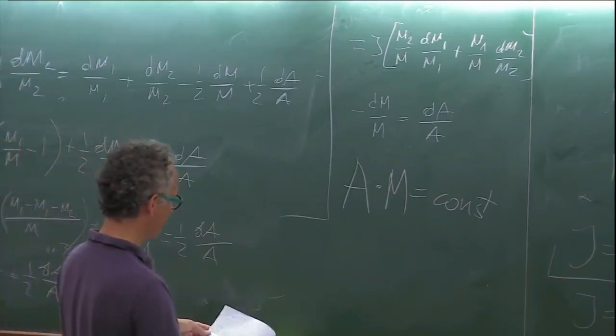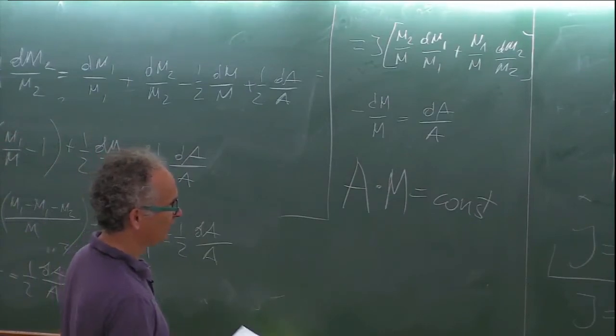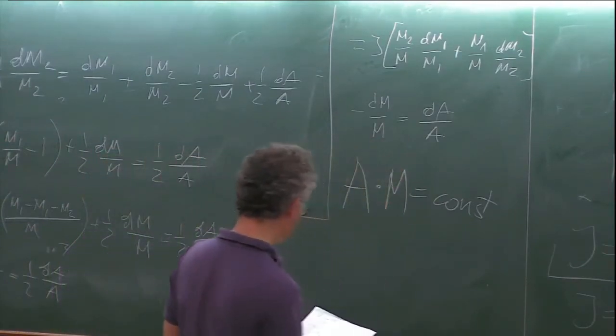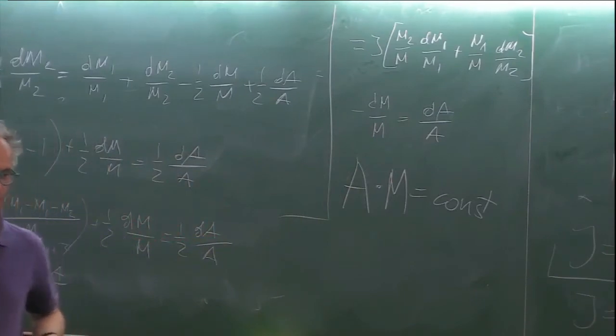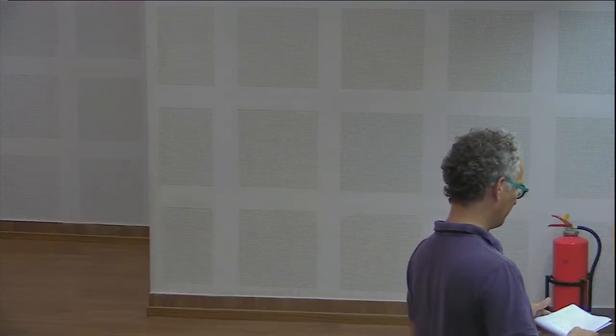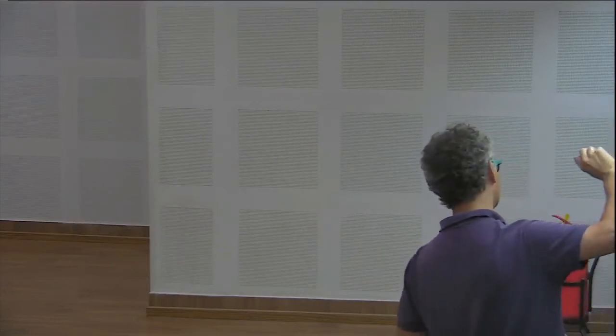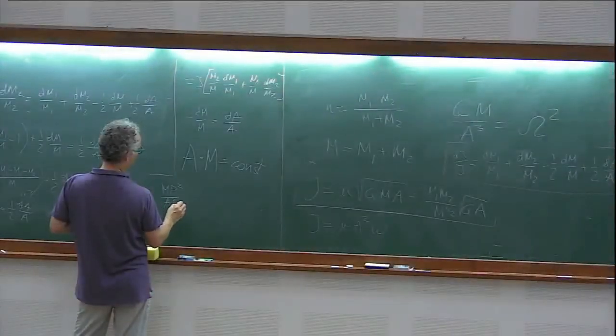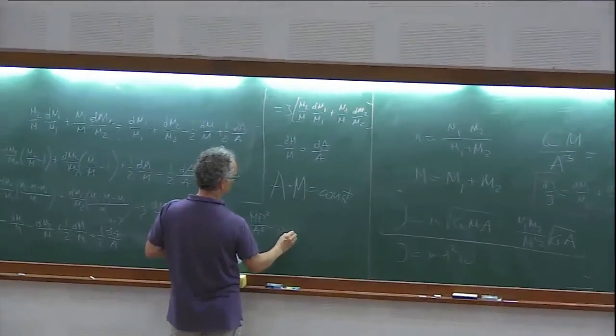Now, in order to do a little bit of juggling, what does it imply for the period? How will the period of a binary change when we lose the mass in the wind? We have to use Kepler's law, or we can rewrite Kepler's law in the following way. We can write that m p squared over a to the third is constant, yeah?